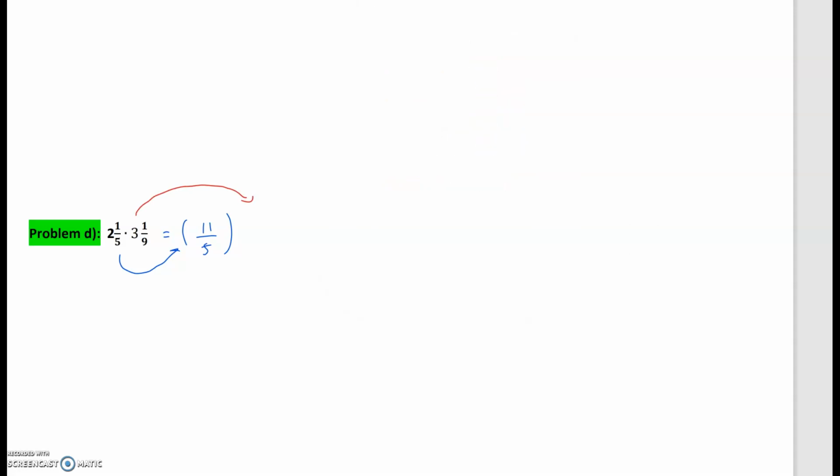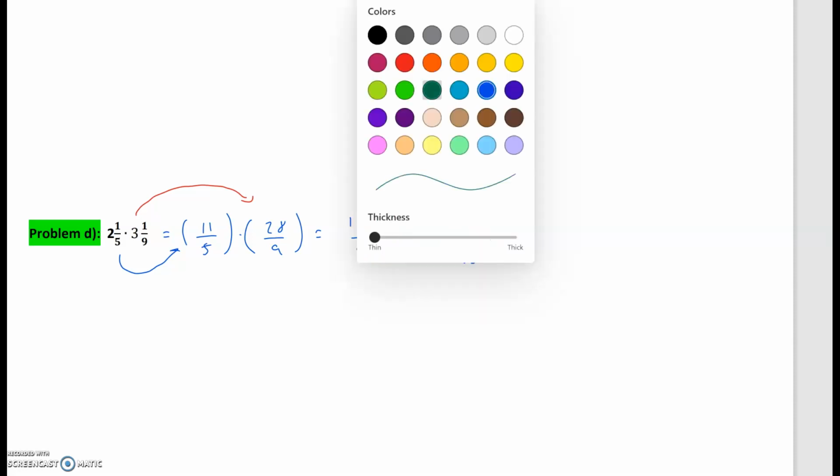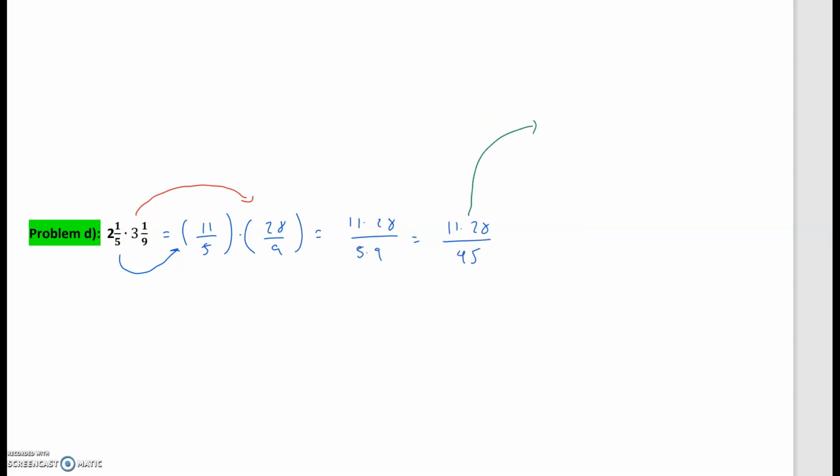And then on the second fraction, it's going to be 9 times 3 plus 1. It's going to be 28 ninths. And I don't see any values canceling out here. So we technically have 11 times 28 over 5 times 9, or 11 times 28 over 45.